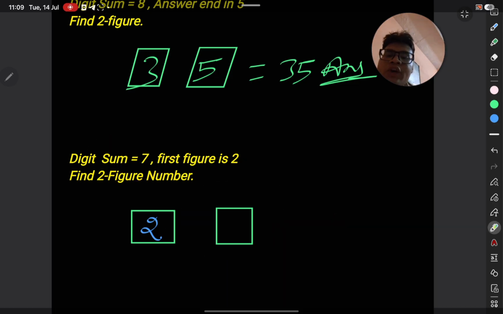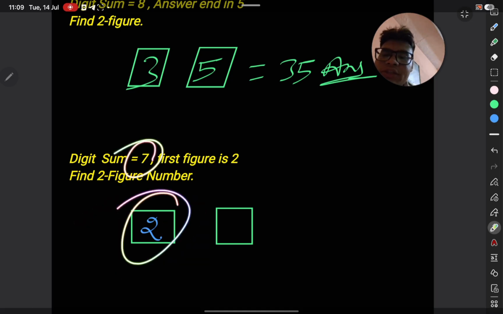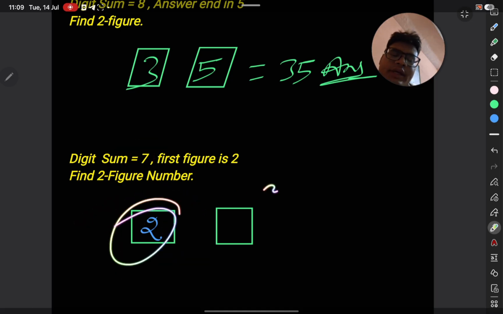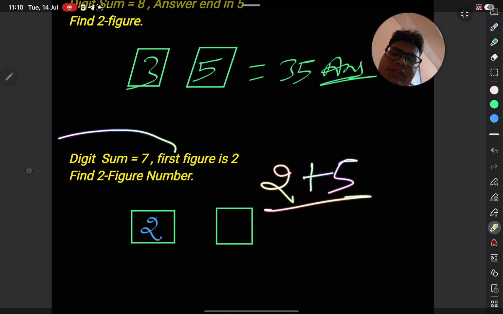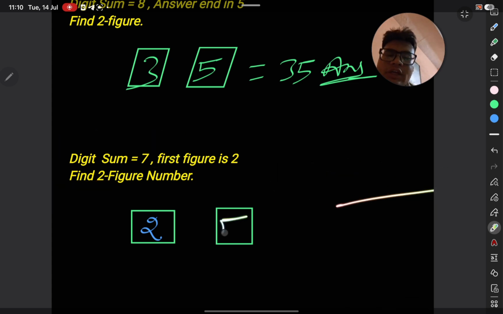So 2 is fixed. What number will come at this place to bring the digit sum to 7? What will we add to this 2? It is obvious, we have to add 5 to make the digit sum 7. 2 plus 5 will be 7, so here we have to put 5.